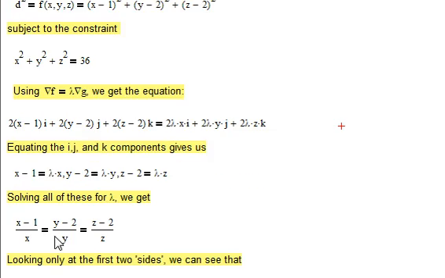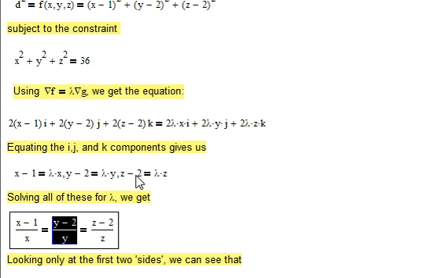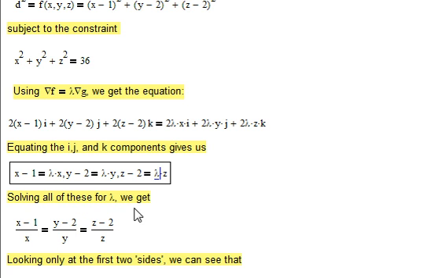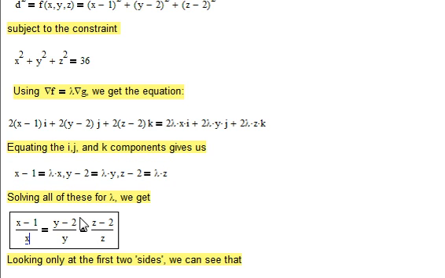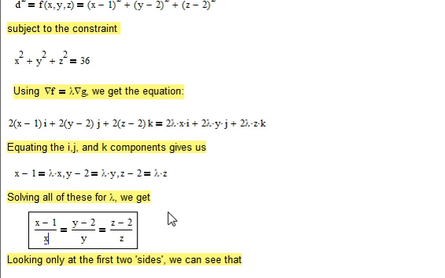Solving each of these for lambda, we get (x minus 1) over x is lambda in this one. We would get (y minus 2) over y equals lambda in this one. And z over z, wait a minute, we're solving for lambda, so (z minus 2) over z would be lambda in this one. And since they all equal lambda, then they're all equal to each other.